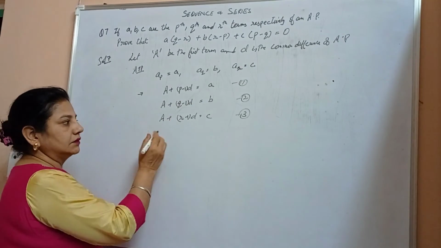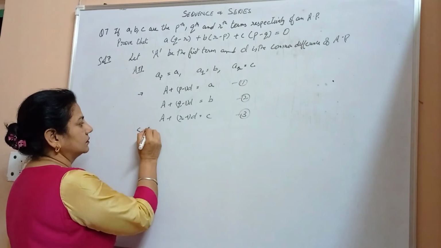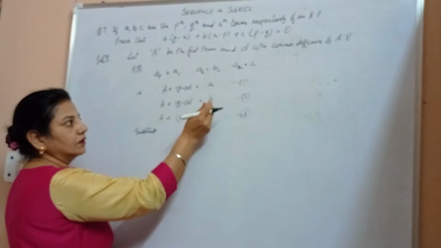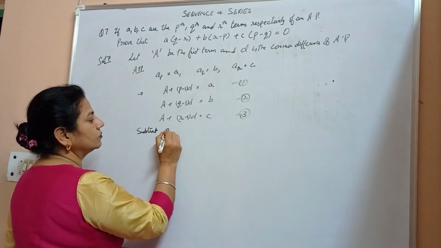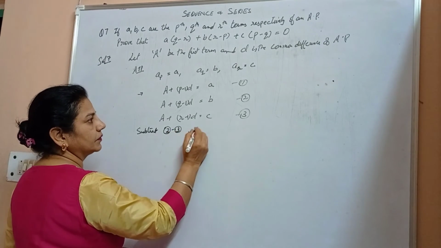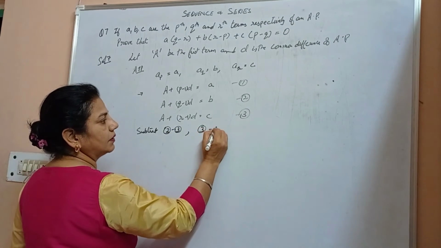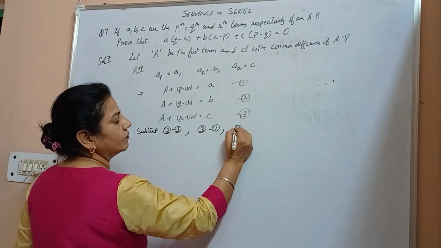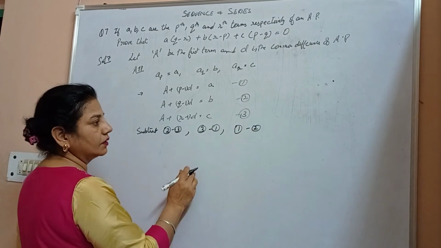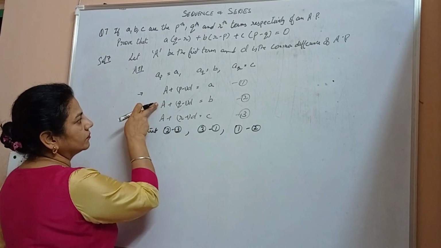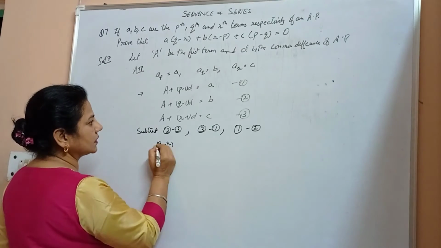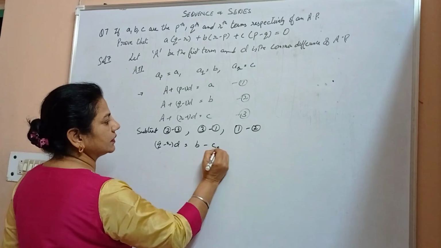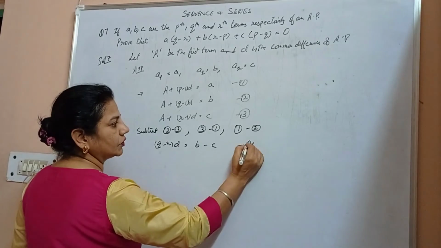Now subtract: equation 2 minus 3, then 3 minus 1, and then 1 minus 2. So 2 minus 3 gives (q minus r)D equal to B minus C, my fourth equation.